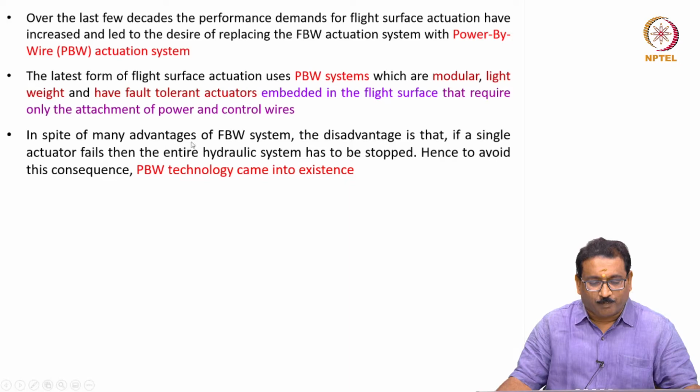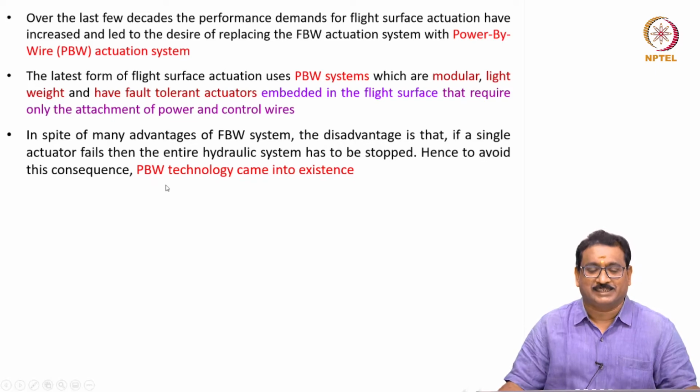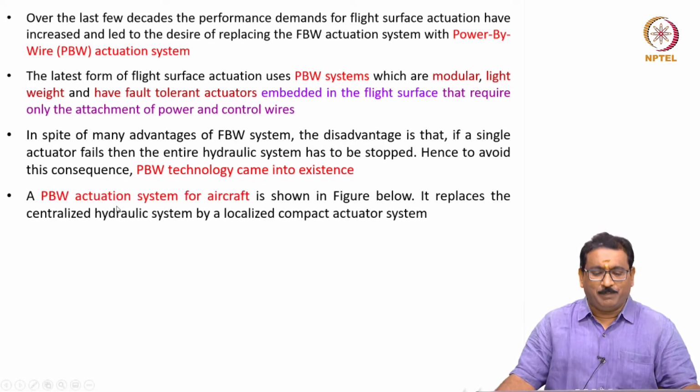In spite of many advantages of the FBW system, the disadvantage is that if a single actuator fails, then the entire hydraulic system has to be stopped. Hence, to avoid these consequences, PBW technology came into existence. A PBW actuation system for aircraft is shown in the figure below.